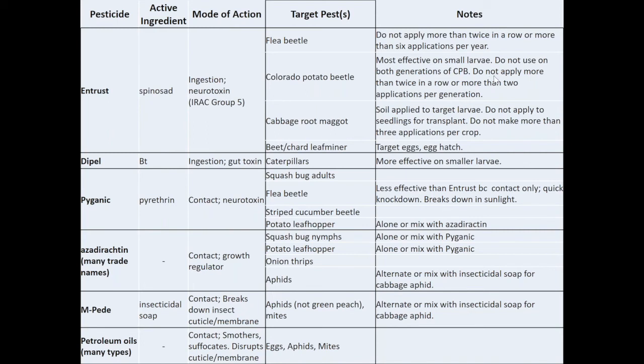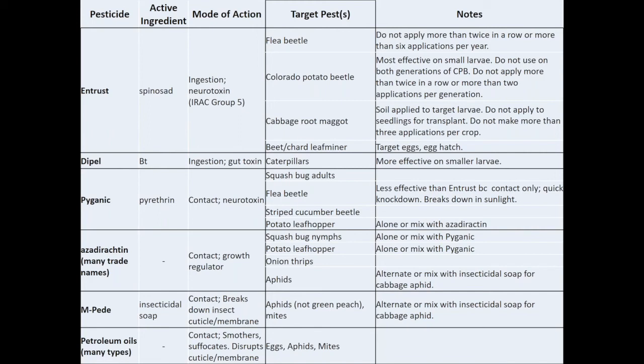Whenever you're spraying brassicas or onions, we always recommend including a spreader sticker so that the material doesn't just wash right off that waxy leaf. With Entrust, a spreader sticker or oil can help increase the penetration of the material into the leaf.